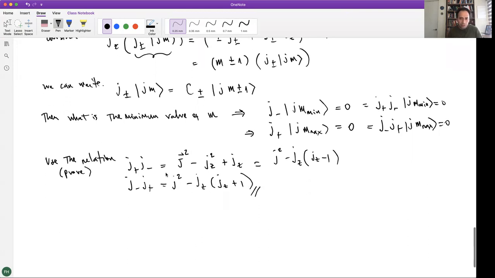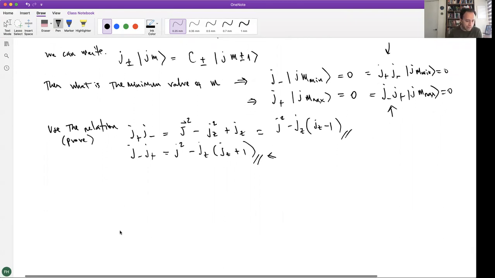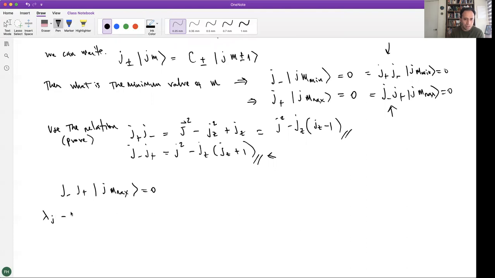If we then replace these two expressions here and here, then we get the following. For instance, J minus J plus acting on J M maximum has to be equal to 0, but then this also has to be equal to lambda J minus M maximum times M maximum plus 1, which has to be equal to 0.